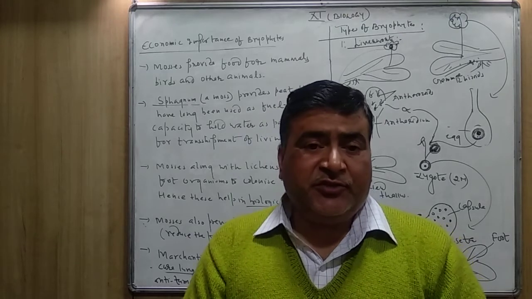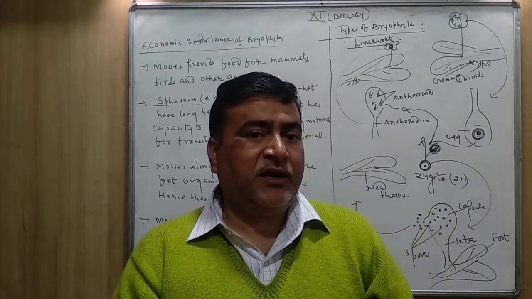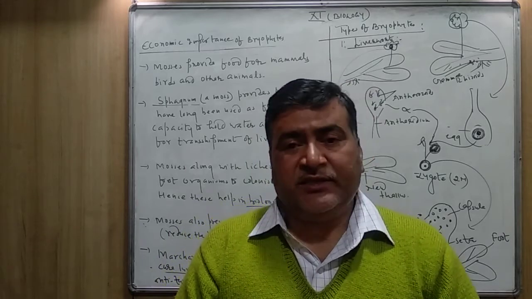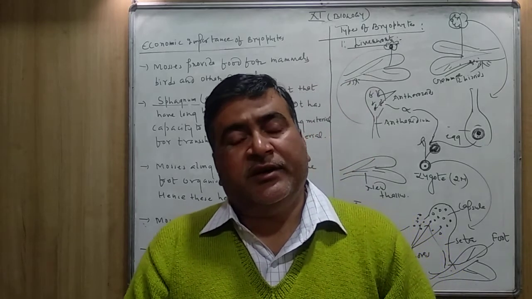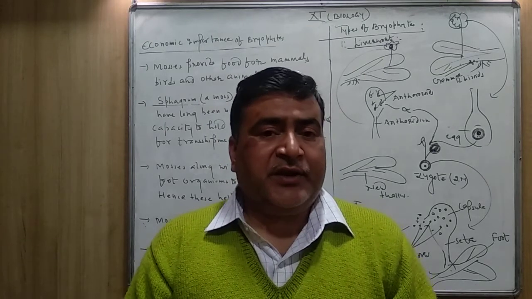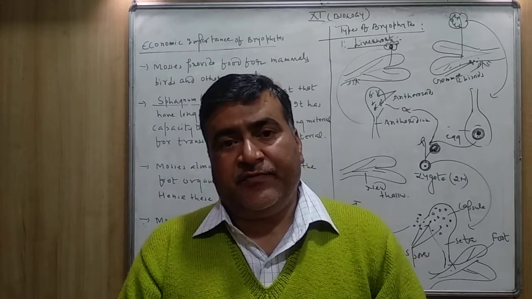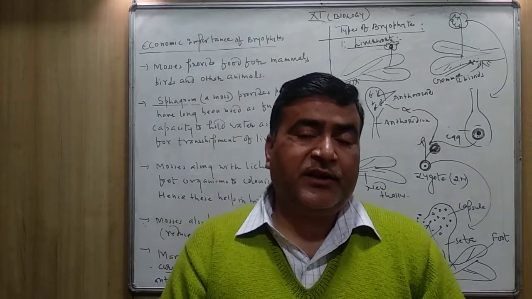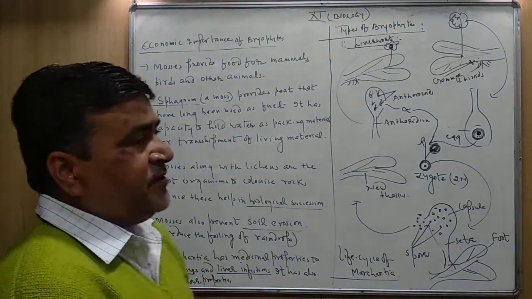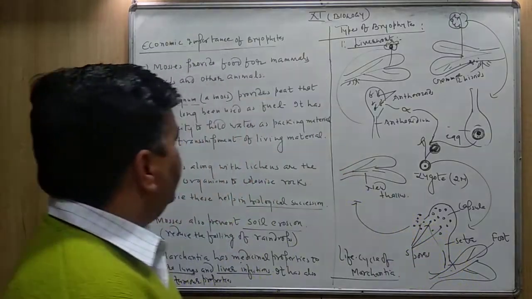Because Sphagnum has water holding capacity, the vegetables are not going to dry up, as it can retain the moisture inside. That's why Sphagnum is used as a packing material for transshipment of living material.